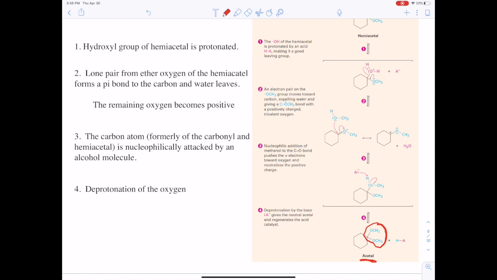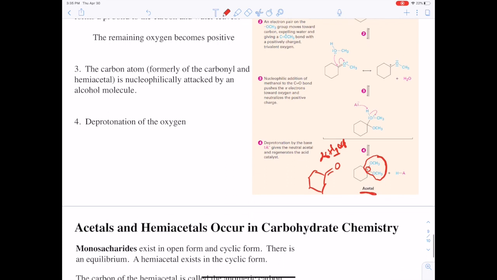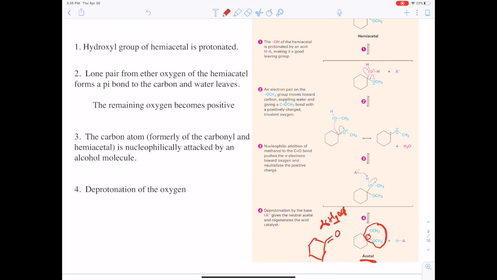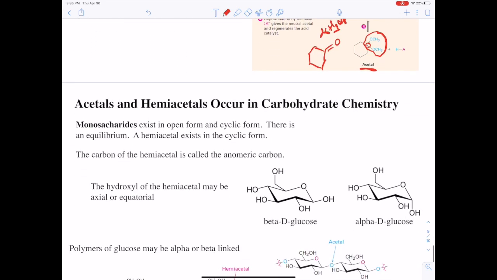Think of those two oxygens merging into one. That's the carbonyl. That carbon right there was the carbonyl, and there were two alcohols, CH3, two of those that added in. If you follow the mechanism, you'll see first you get the hemiacetal, and then you make the acetal by adding a second one.